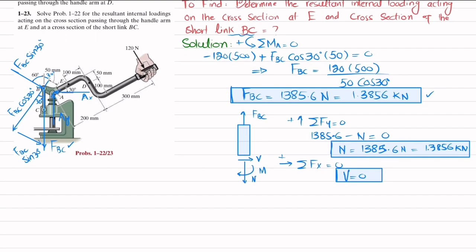Now we'll find the moment, and let this cut point be O. Sum of all moments about point O is equal to 0, taking counterclockwise as positive. At point O this force is passing, that force is passing, and there is no external moment, so the moment will also be equal to 0. These are the answers for the resultant internal loading in short link BC.